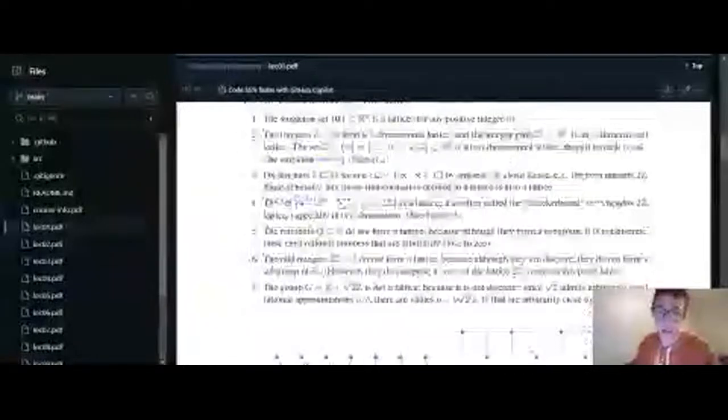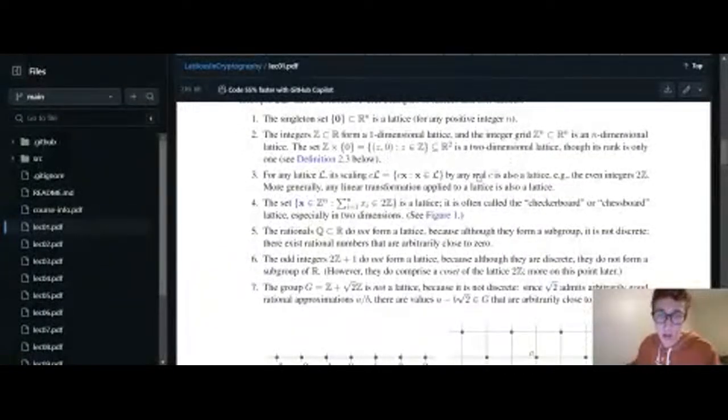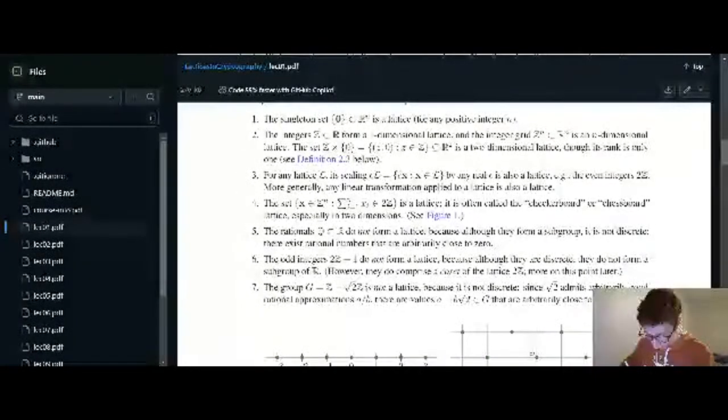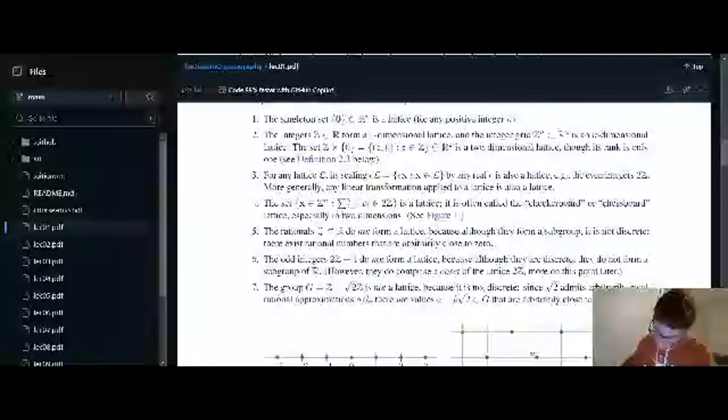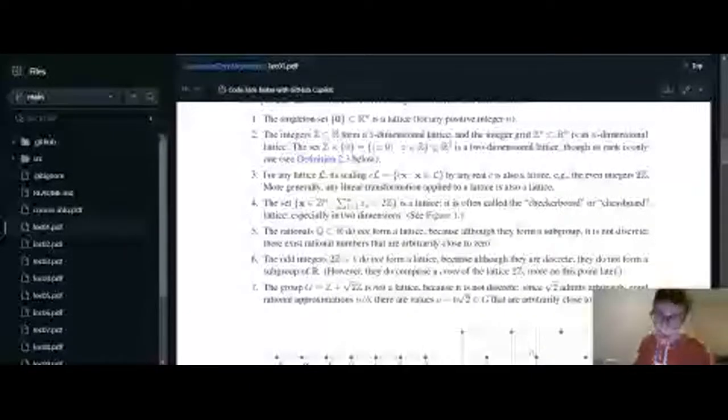For any lattice, it's scaling. That's probably really important to remember. Any linear transformation. I forgot.